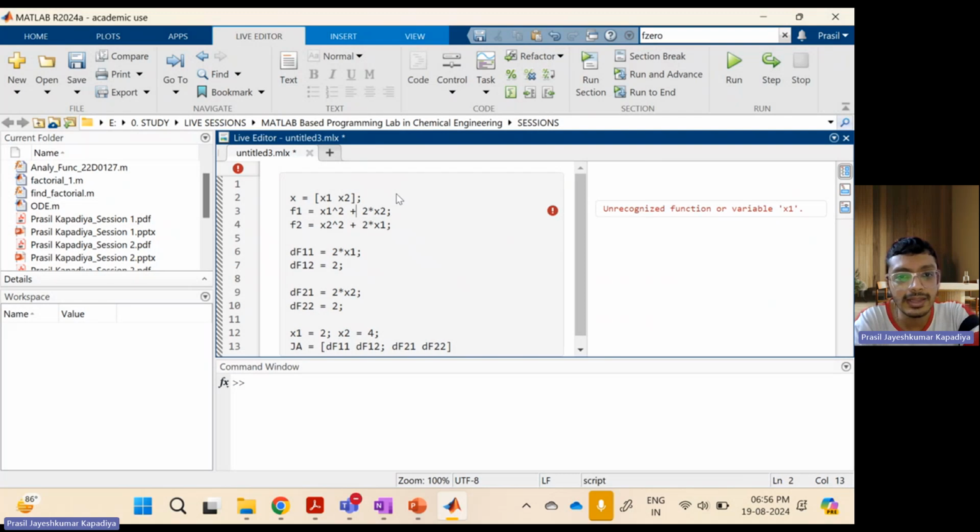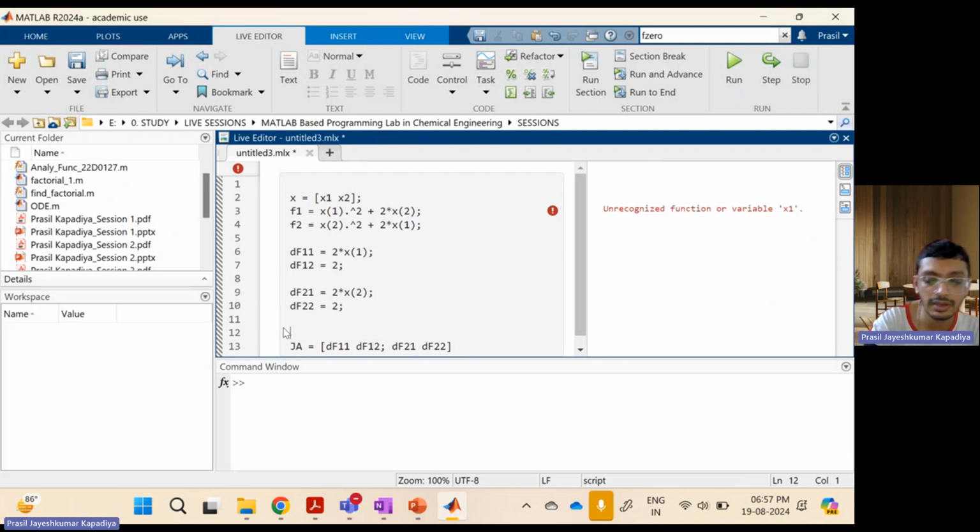And here, instead of writing x1, we can write x of 1. We'll be needing one dot here and x of 2. Similarly here also x of 1. This is just for finding Jacobian at some particular values. Similarly here x of 1 and x of 2.